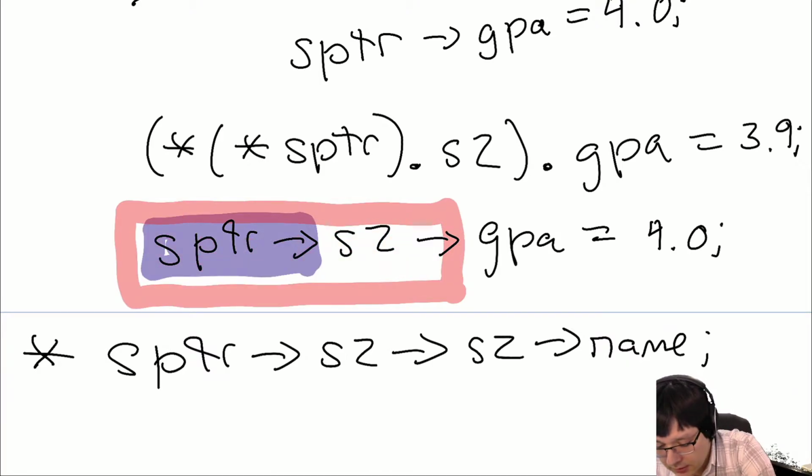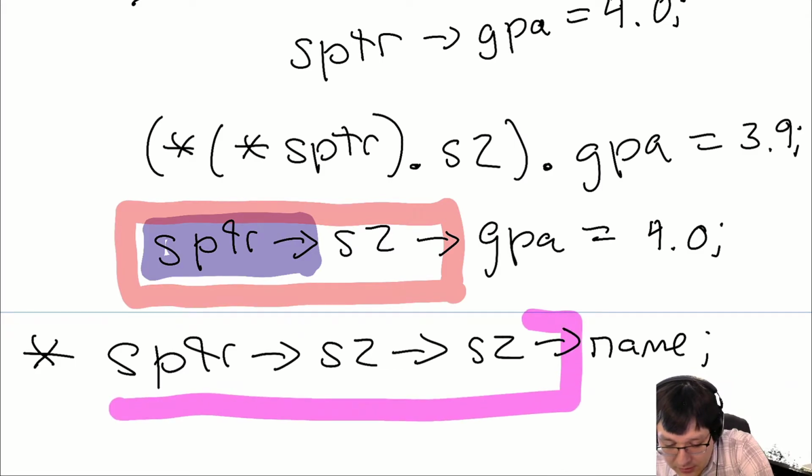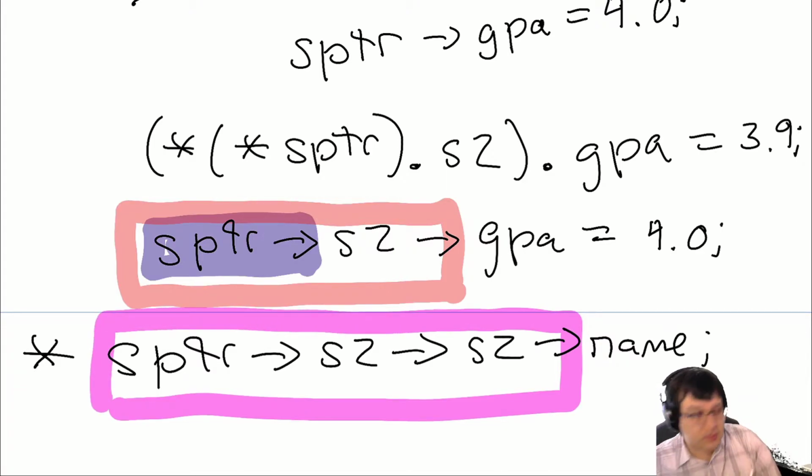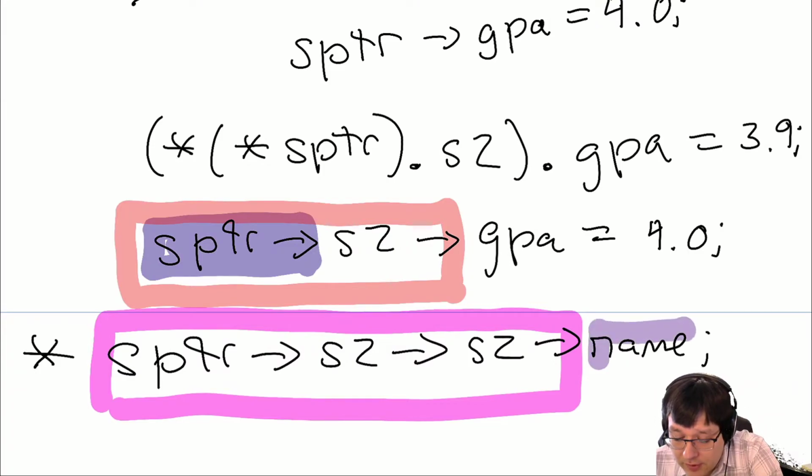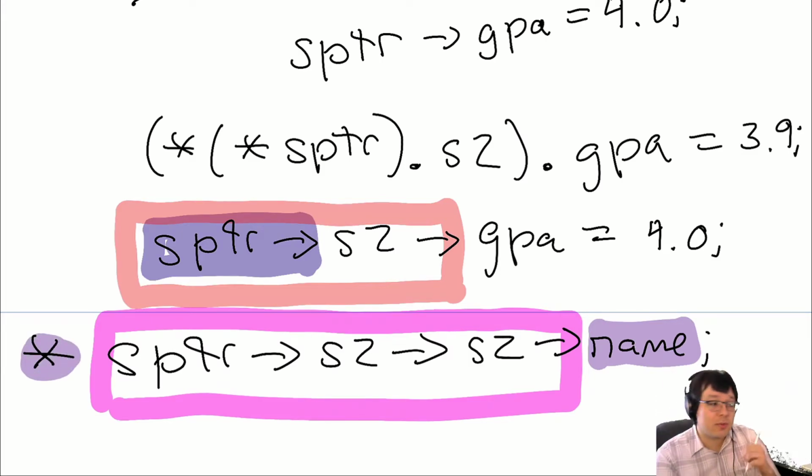For example, this arrow here is dereferencing this part, okay? So that's what it's doing. The name part, however, does not get dereferenced. That has to be dereferenced with this guy because name happens to be a pointer. Whereas GPA is not a pointer. It's just a regular variable. It's a double, okay? So yes, I hope that answers the question.